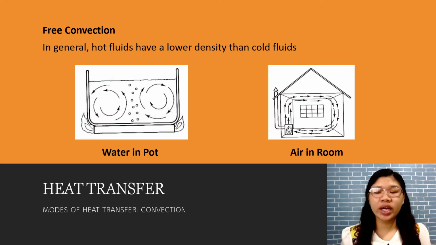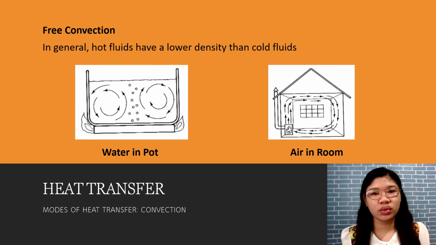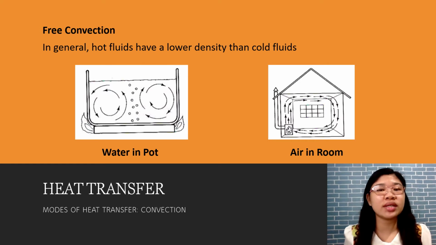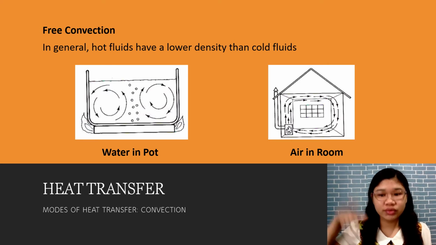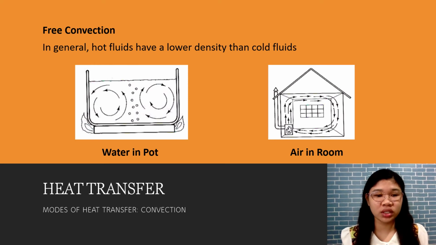So we have here an example of free convection. In general, hot fluids have a lower density than cold fluids. That is quite related to the term thermal expansion. And then heated fluid naturally rises and the cold fluid moves downward. So they create complex patterns such as convection rolls in a pot of water, as you can see in the image.